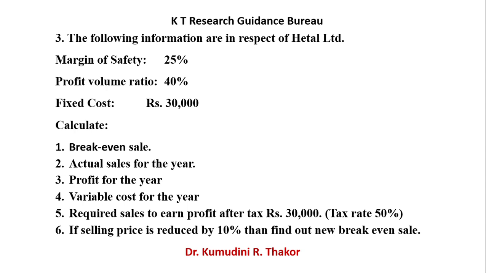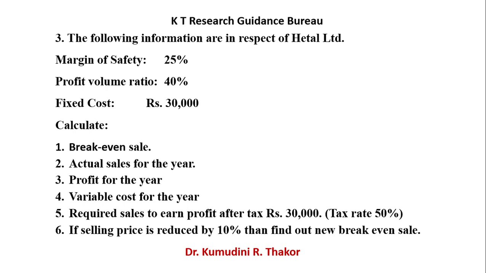And last one is if selling price is reduced by 10%, then find out new break-even sales. Safety margin is 25%. PV ratio is 40%. Fixed cost is 30%. So easily you can find out break-even sales.